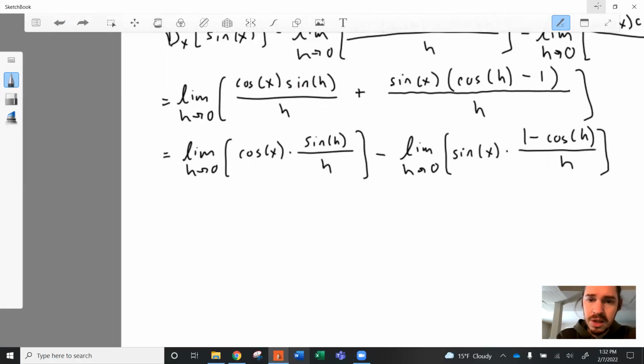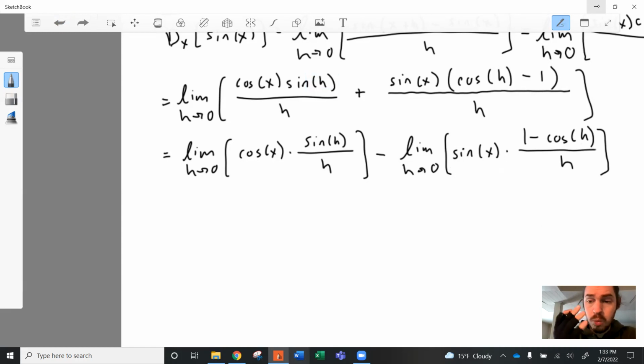I don't have exactly the limits I want because each of these also has another factor that's sort of in the way, right? This is a cosine of x over here and a sine of x there. But because this limit is with respect to the variable h, really, we only care about functions involving h. We want to find the behavior of this as h approaches 0. So we're controlling that h, making it approach 0. x, on the other hand, is this separate independent variable that we don't really care about.